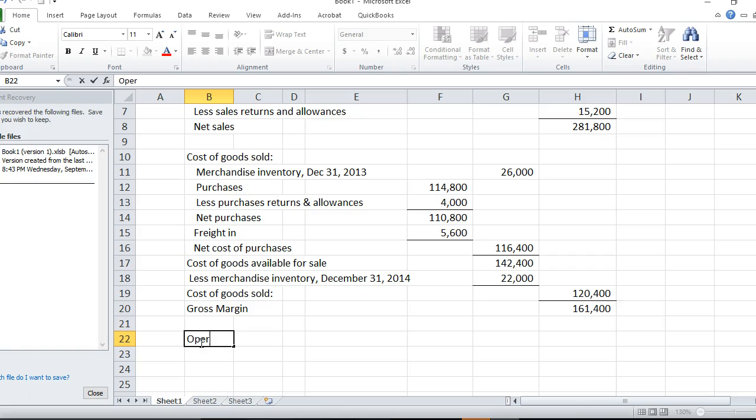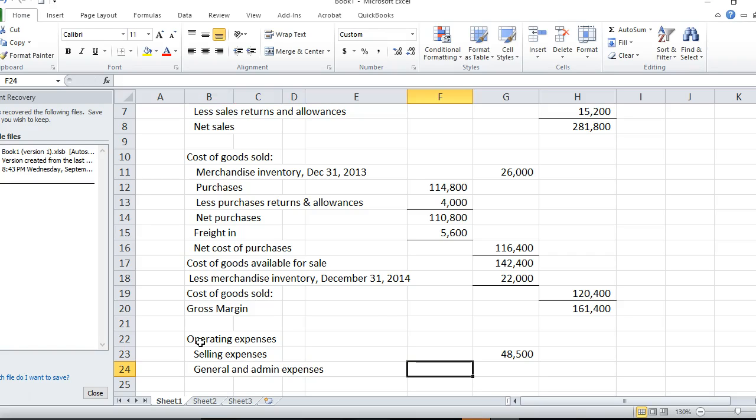Our next step is operating expenses. We've got selling expenses of 48.5. We've got general and admin expenses of 37.2.